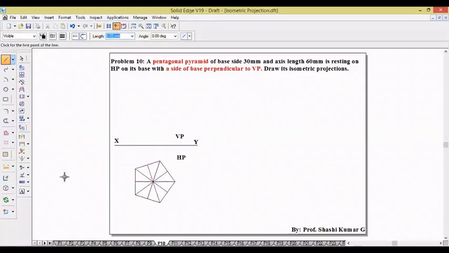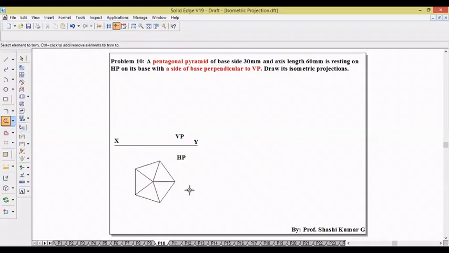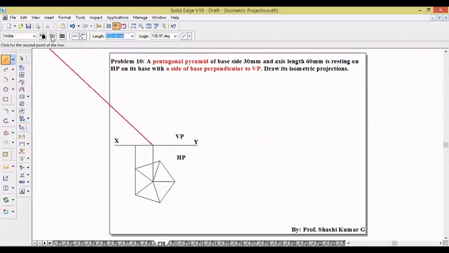Among this, you need to trim the lines which are in between, which are not passing through the corner. So this gives you the top view of the pentagonal pyramid. Take a projection of this. From here, this is the center of the pentagonal pyramid. So take axis line. The axis is given 60 mm, 90 degree.